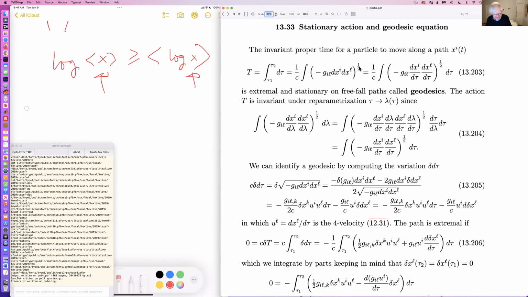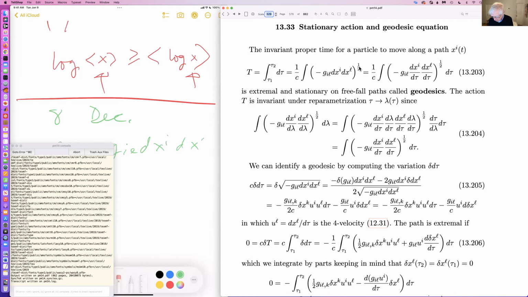Let me see if I can do some of that on the screen here. So we're talking December 8th. So the idea here is that the invariant is minus g_ij dx^i dx^j.